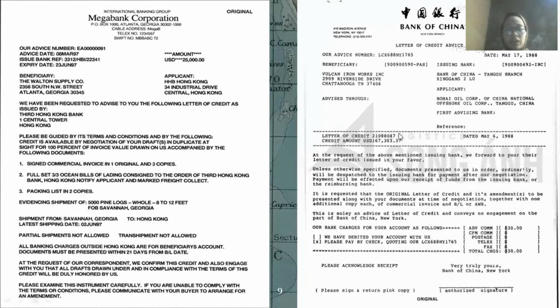Next part is the amount of funds available. Next part is shipping document negotiation terms. And in this document, there is no clear description of the goods and quantity, only the details of the cost in this part.